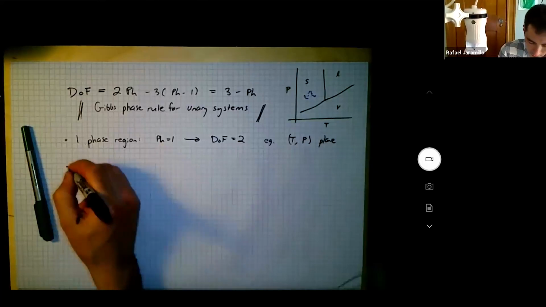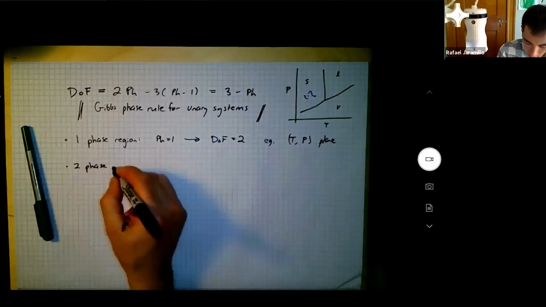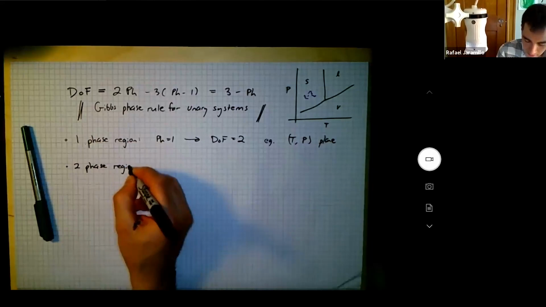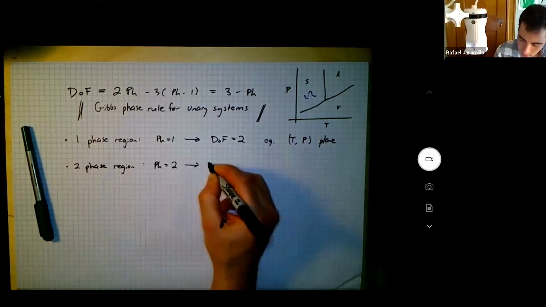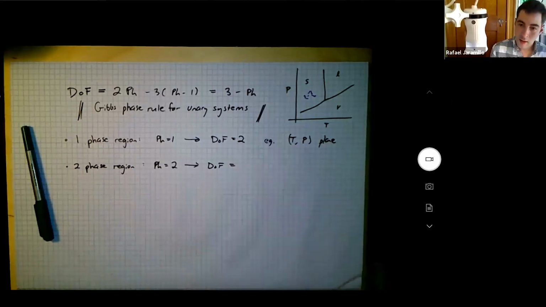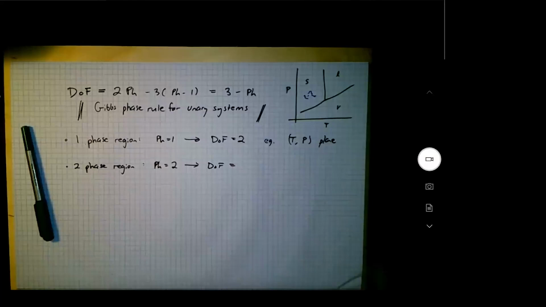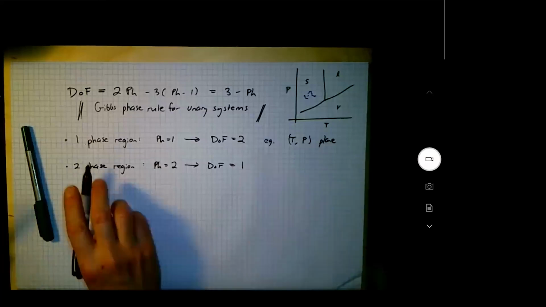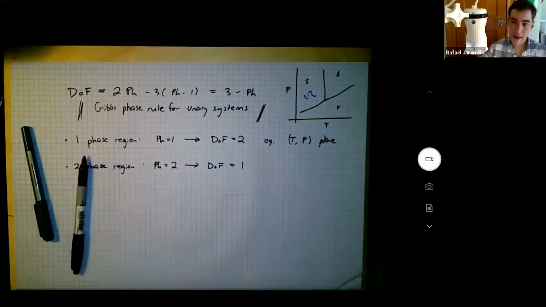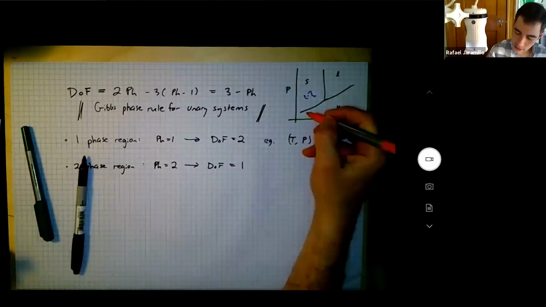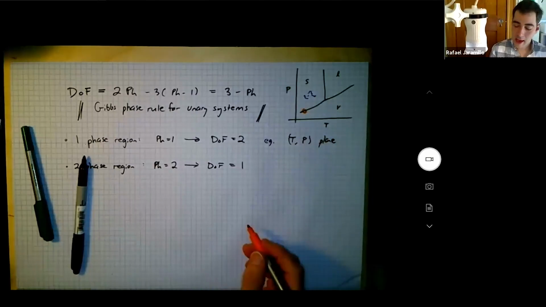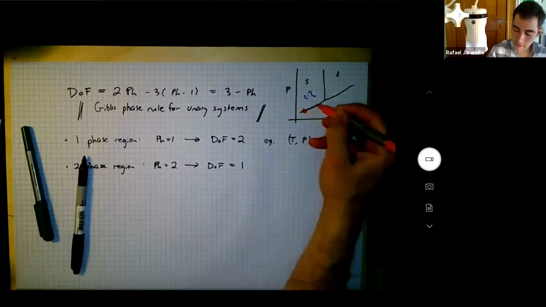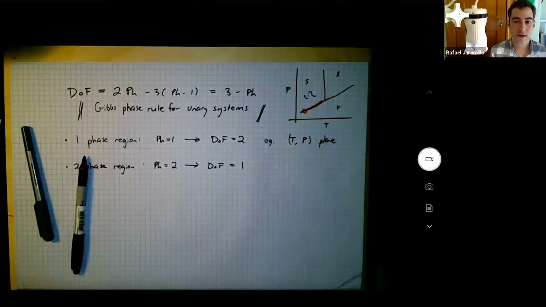Now let's consider a 2 phase region. Phi equals 2. So what's my degrees of freedom? Anybody? 1, right? So what does that mean? If I am in a 2 phase region, let's say on that coexistence line, I can move along the line and maintain my 2 phase coexistence condition.